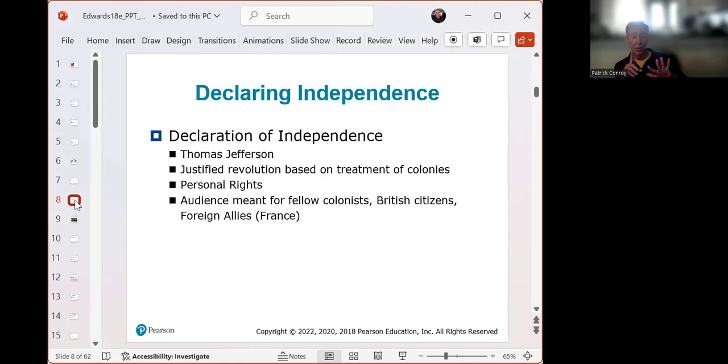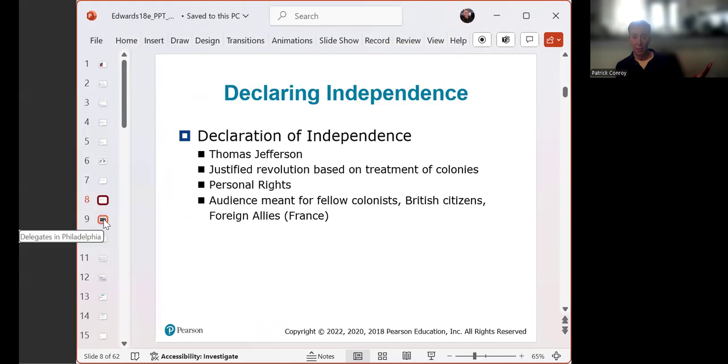It was at one point endowed by God, endowed by nature, all sorts of variations, which kind of shows some difference as to where people stood on religion at the time as well. Creator was sort of a neutral term that he chose. Not nature, not God, just creator, whoever that was.